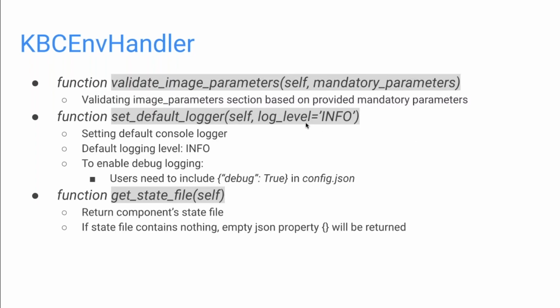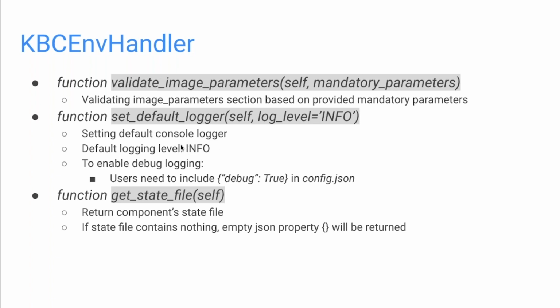Next function is the image parameters. Same thing as configuration JSON, it will just validate the mandatory parameters for the image parameters. The third function is setting default logger. You can define the logging level in here.